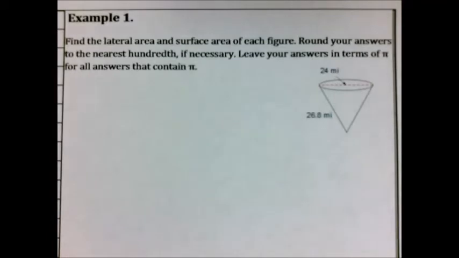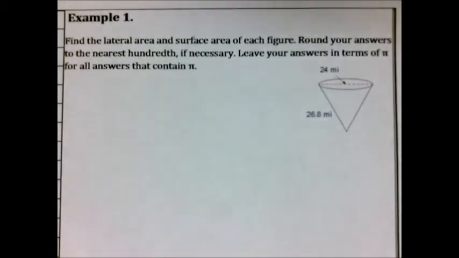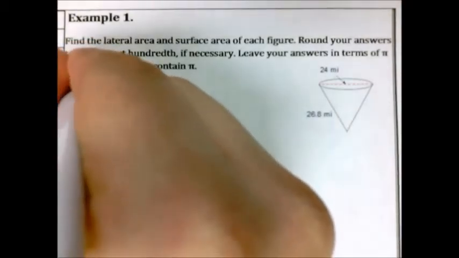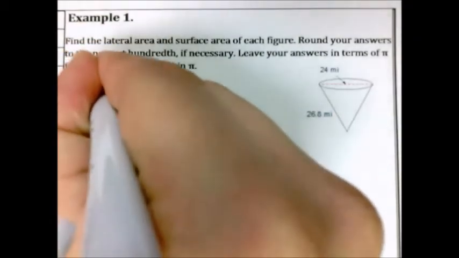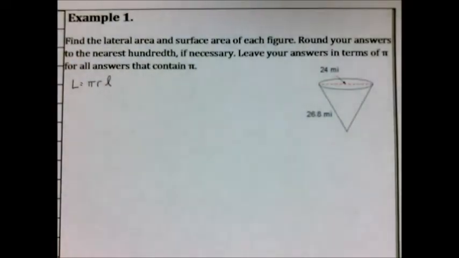Example 1 wants us to find the lateral area and surface area of each figure. We need to round our answers to the nearest hundredth if necessary, and we can leave our answers in terms of pi for all answers that contain pi, which is kind of nice. Like any of these surface areas, the first thing we need to find is the lateral area. Remember, lateral area is equal to pi times the radius times the slant height, L. Let's fill that information in.